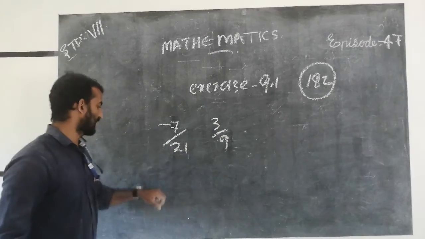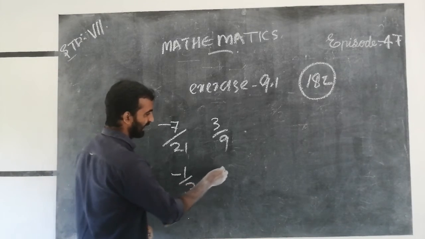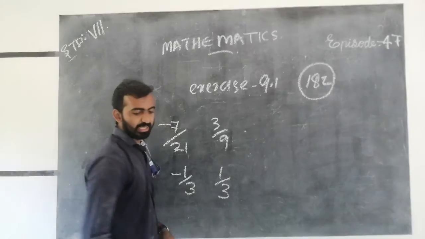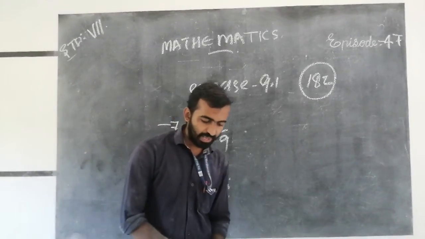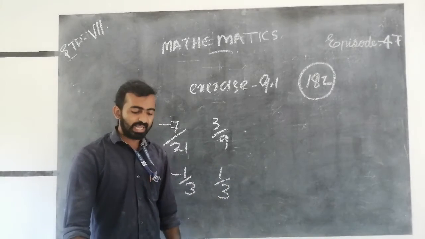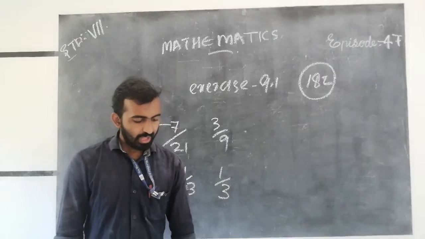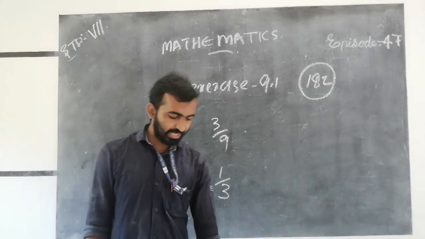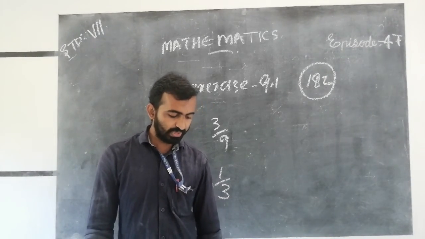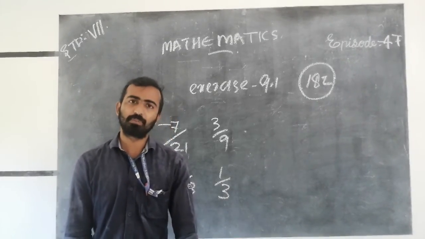We convert it to standard form, then we get negative 1 by 3 here and 1 by 3. In this pair, negative 7 by 21 is a negative rational number and 3 by 9 is a positive rational number. So the given pair does not represent the same rational number.